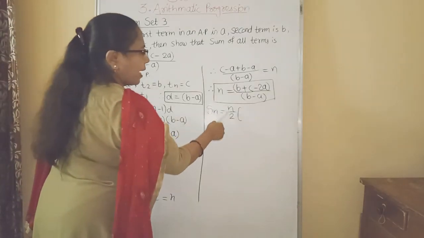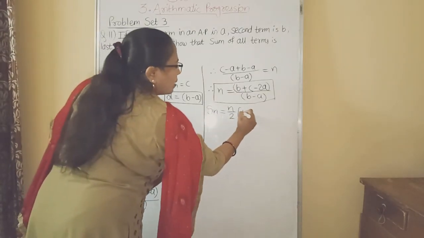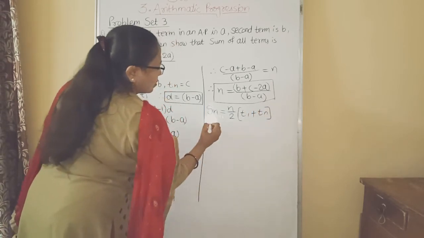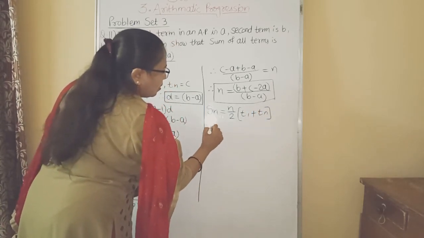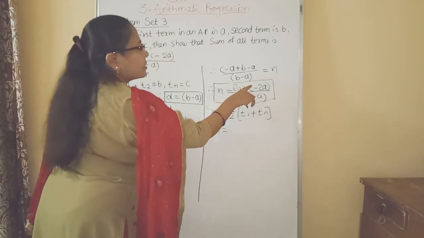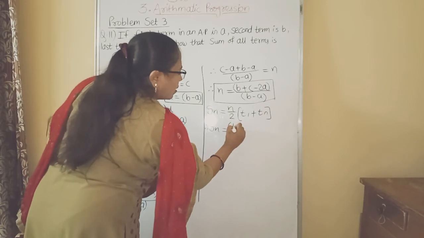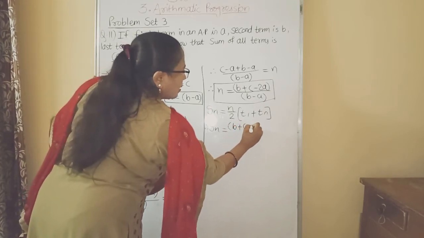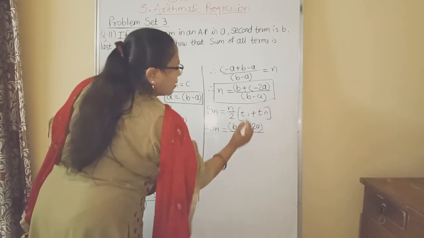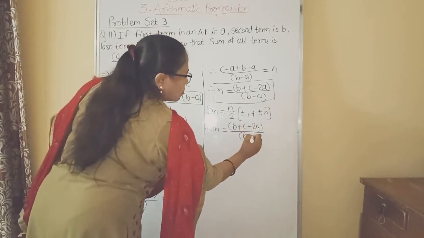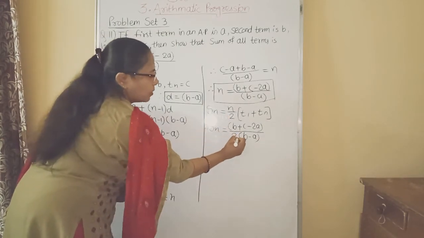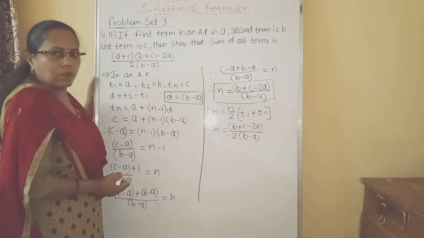Sn is equal to n upon 2 into (T1 plus Tn). Therefore, Sn is equal to n, which we got as (B plus C minus 2A) upon (B minus A), and this 2 is in the denominator, so into 1 upon 2.